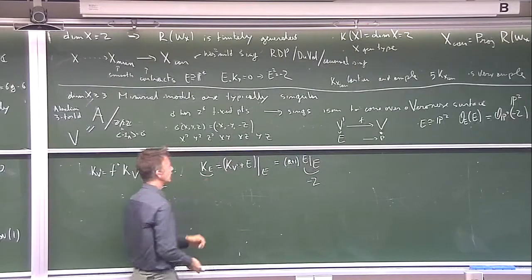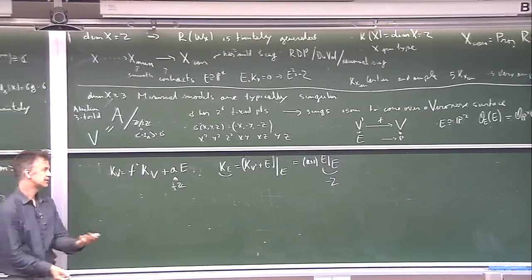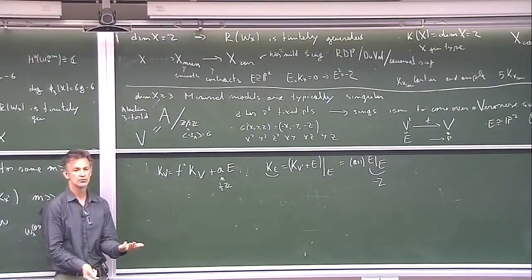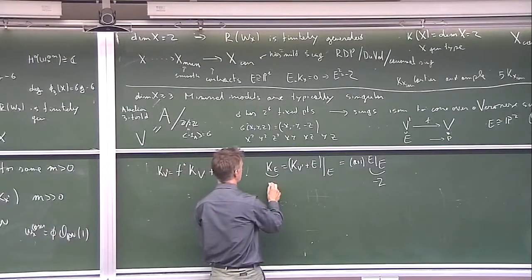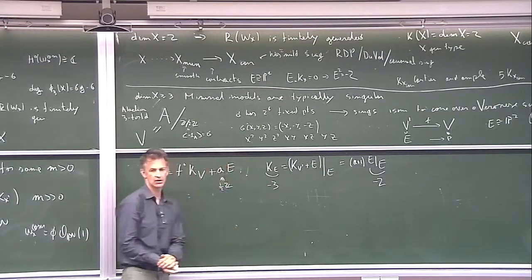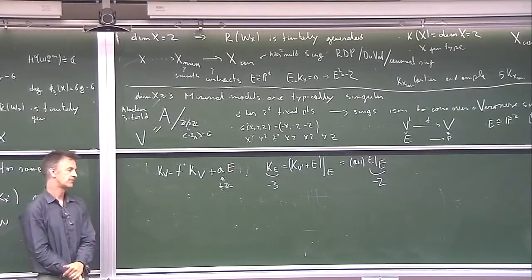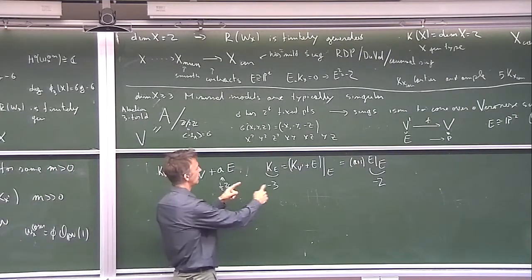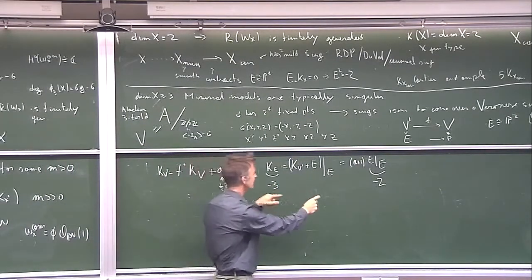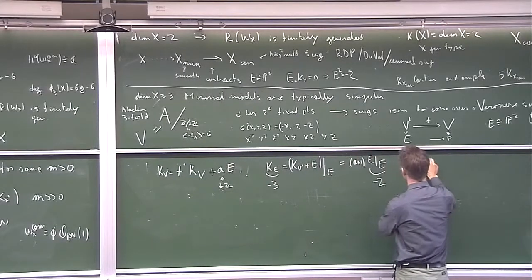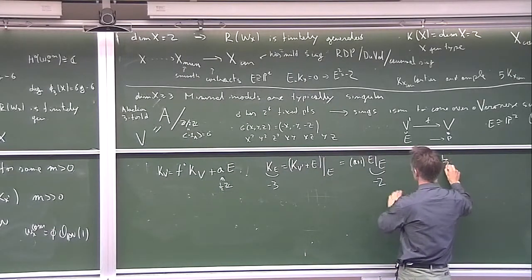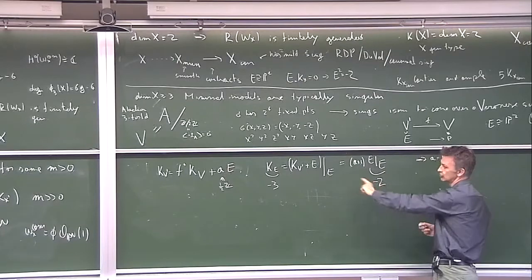The canonical class of E is the canonical class of P2, so that's O of minus 3. And so now this linear equation is rather easy to solve. That tells you that A is equal to 1/2, right? Because then I have 3/2 times minus 2 is equal to minus 3.